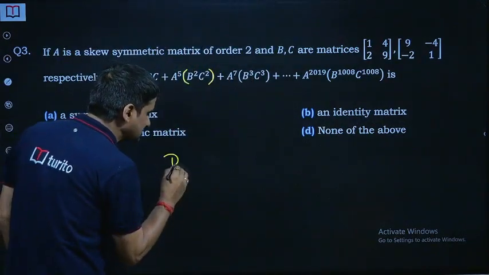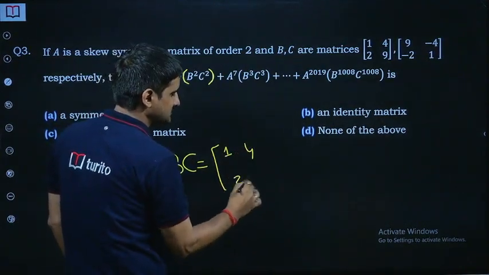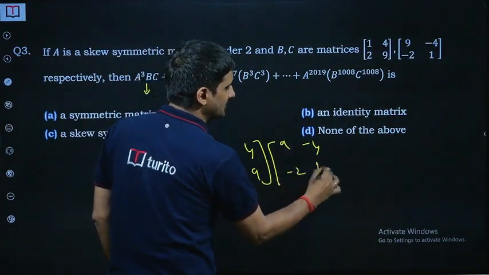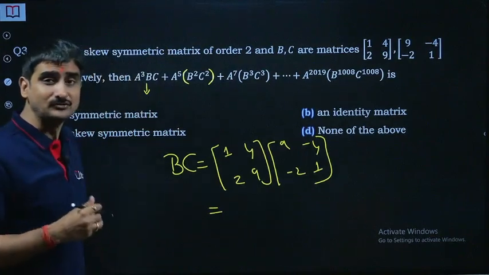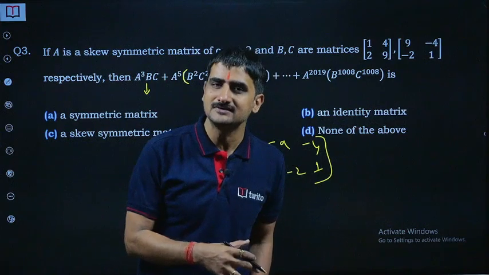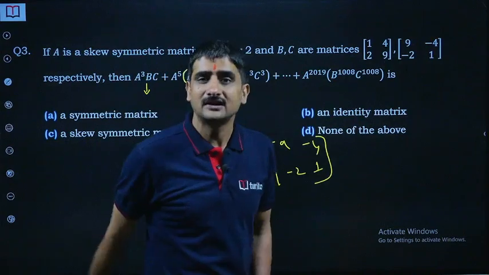So the first attempt is to get BC, the product of matrix B with C in the same order. If we get, as we expect, the identity matrix I or some constant times I, this is going to be a simple question.